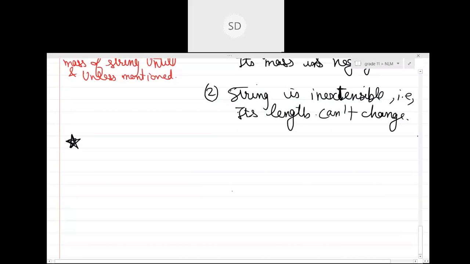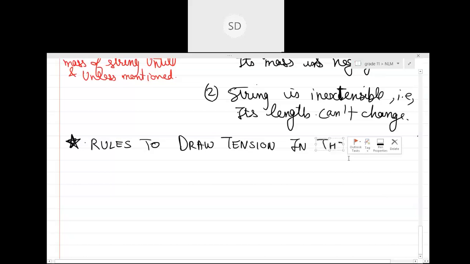I'll tell you some rules to draw tension in an ideal string. Whenever you have an ideal string, there are two different rules.